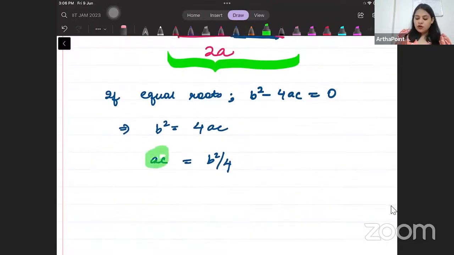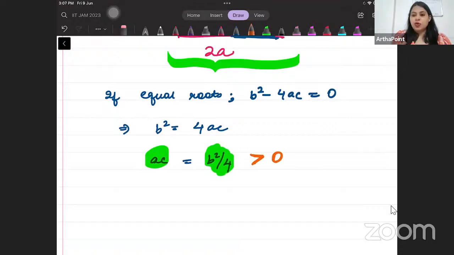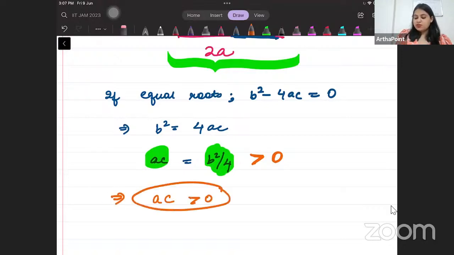But a product of two things is coming as a squared number, right? Square is always positive. So which means that this is always greater than 0. So this means A into C should be greater than 0.